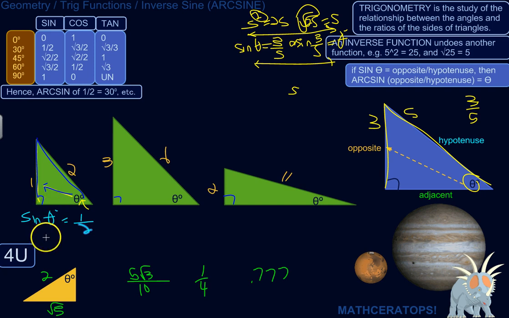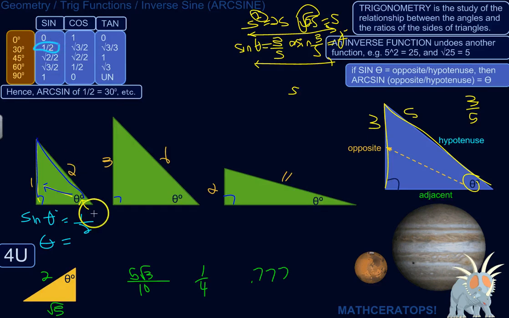So I could figure out what theta is by taking the arcsine of 1/2. The arcsine of 1/2 is asking the question, what angle do I have to take the sine of to get 1/2? Well, here we go. The sine of 30 degrees is 1/2.